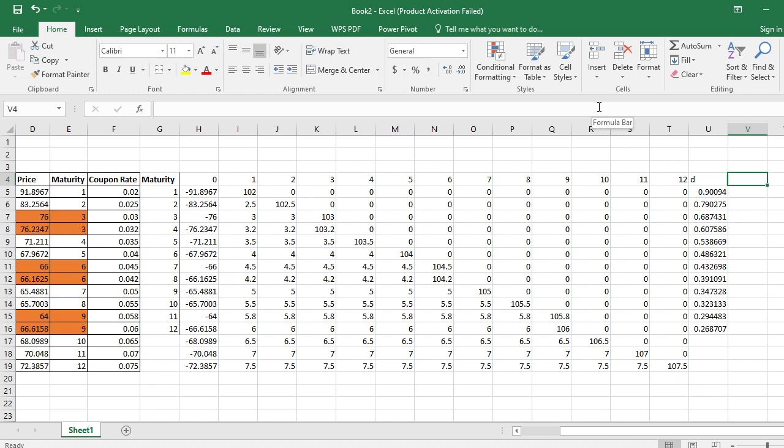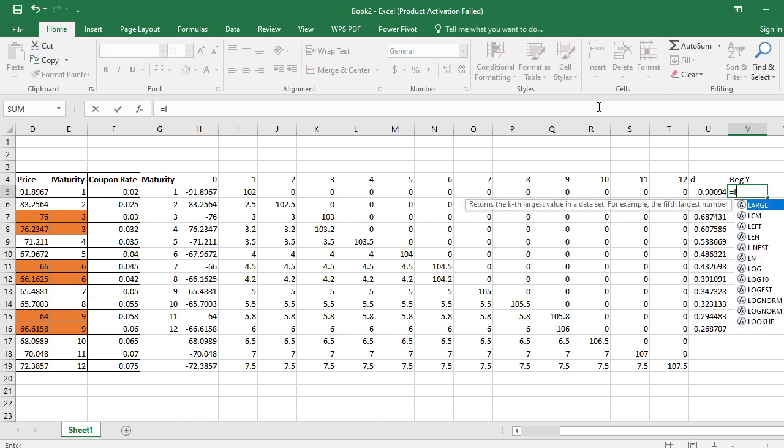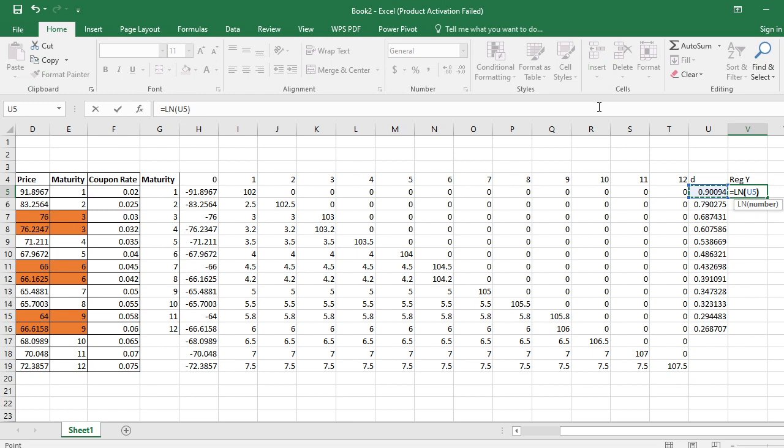So regression yield is given as ln of this divided by maturity, right? Negative sign is there, mind this.